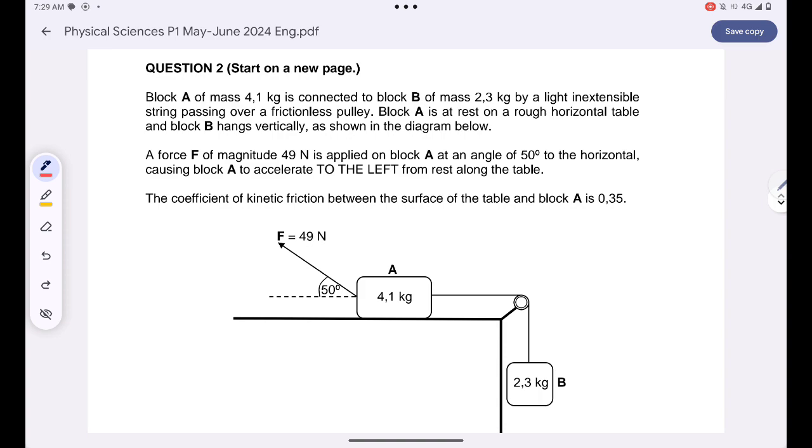A force F of magnitude 49 newtons is applied on block A at an angle of 50 degrees to the horizontal, causing block A to accelerate to the left from rest along the table. The coefficient of kinetic friction between the surface of the table and the block is 0.35.